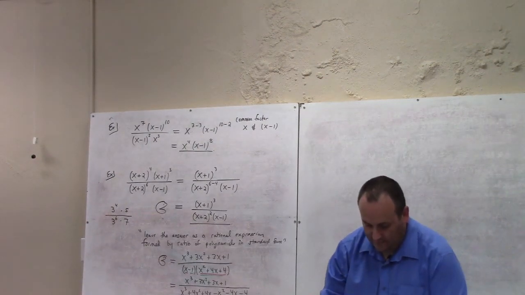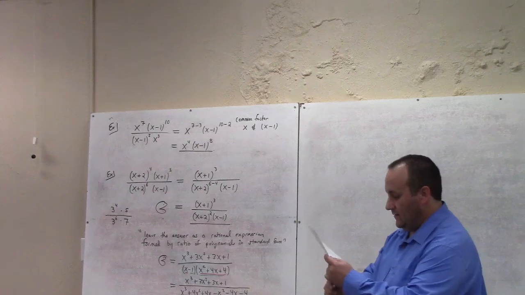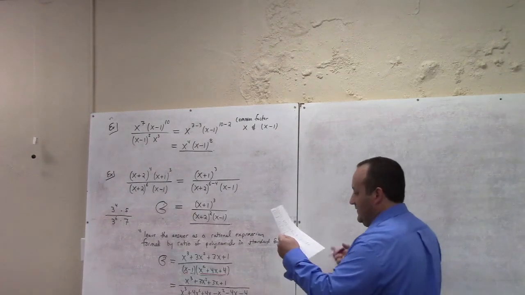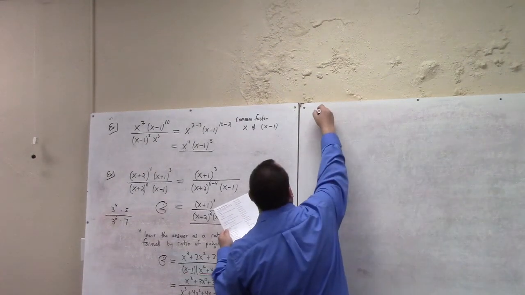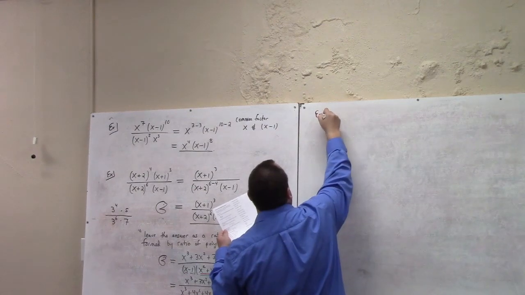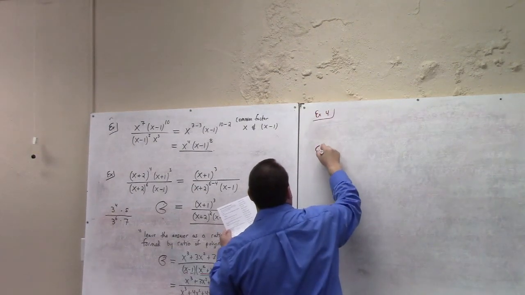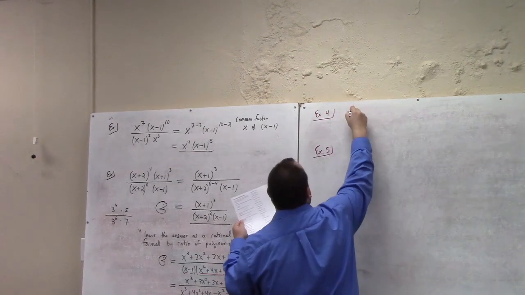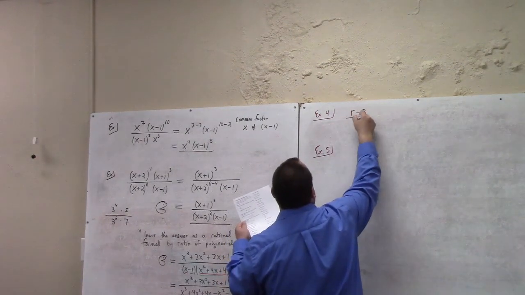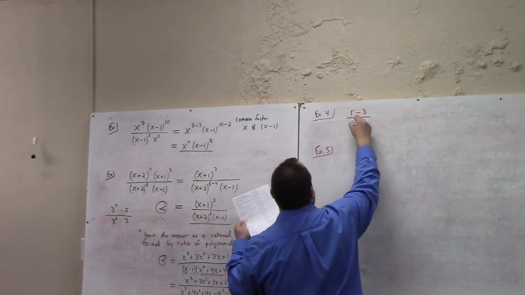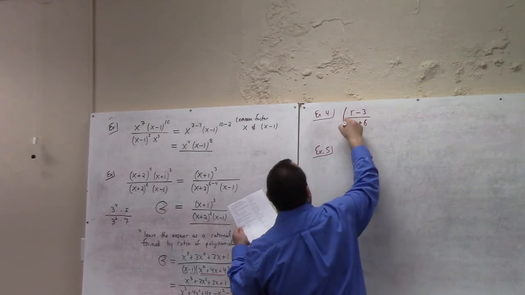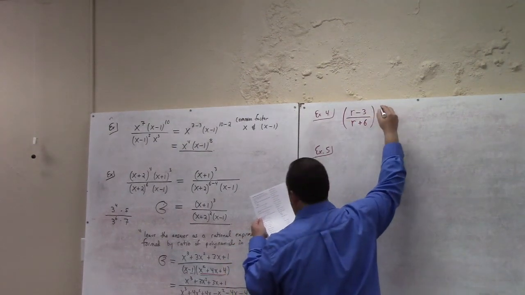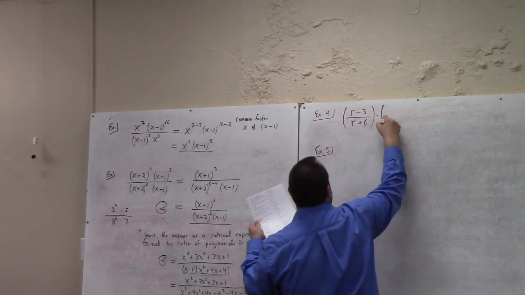All right, let's look at another example. So this exercise 5, I guess I'm supposed to do exercise 4 first. So let's do exercise 4 and exercise 5. 4 was (r minus 3) over (r plus 6). We're supposed to multiply that, parentheses added by me, right?